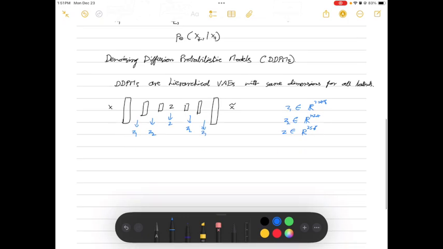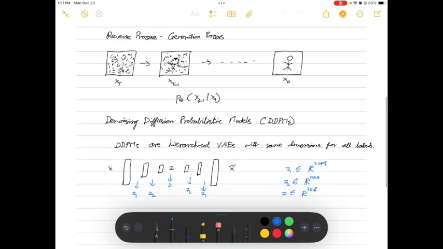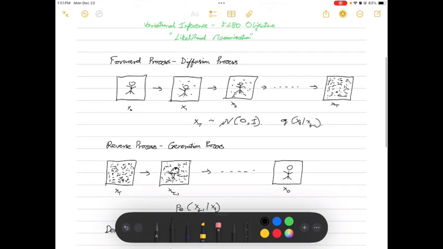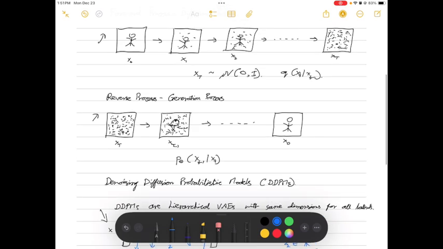But in the case of diffusion models, if we compare this architecture with the forward and reverse diffusion processes here, you will see that at each step we generate a latent or a sample X, which is of the same dimension as the input.